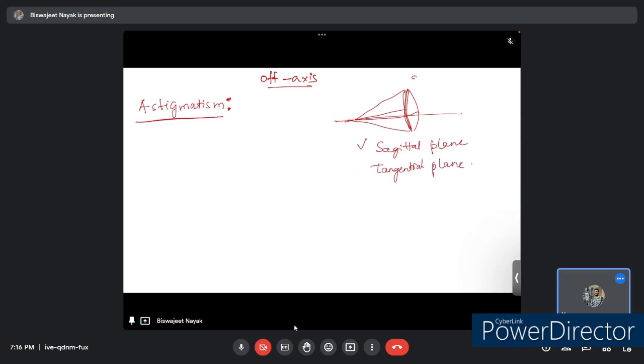Because, again as I told, this is off axis, after refraction through the lenses they will be focused at different points, and they will have different patterns formed.